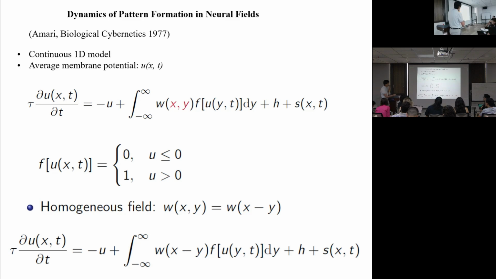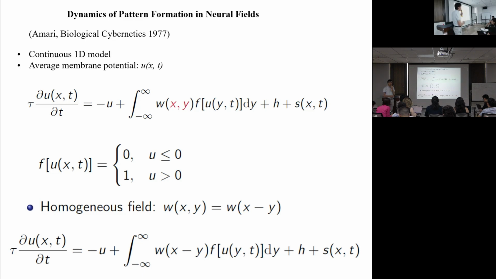If the input is greater than 0, this is 1. If the input is smaller than 0, it's 0, okay? So this is a simple Heaviside activation function. h is a constant homogeneous external input. Of course, you can add time-varying external inputs to your neural field model.